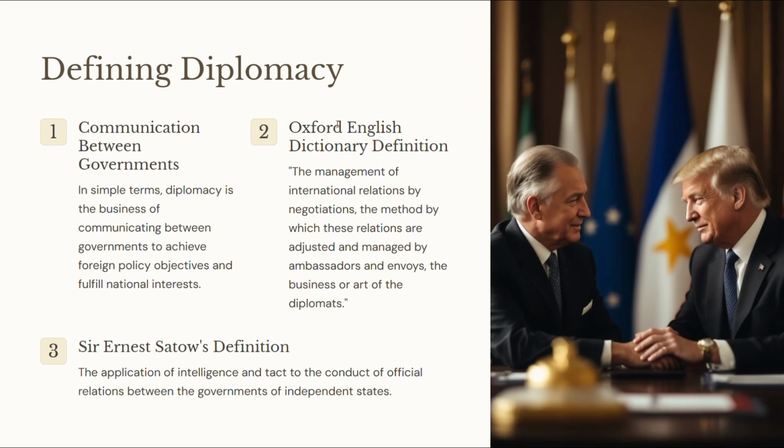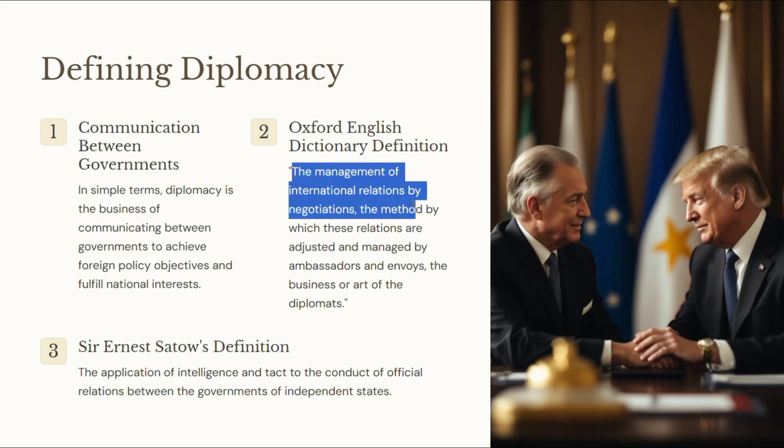The Oxford Dictionary defines diplomacy as the management of international relations by or through negotiations, the method by which these relations are adjusted and managed by ambassadors and envoys, and the business and the art of the diplomat.